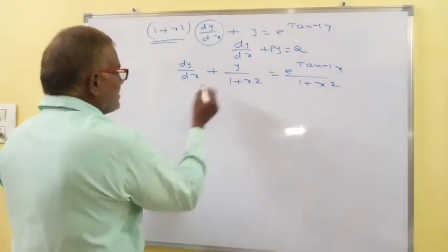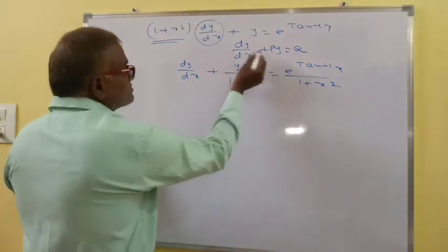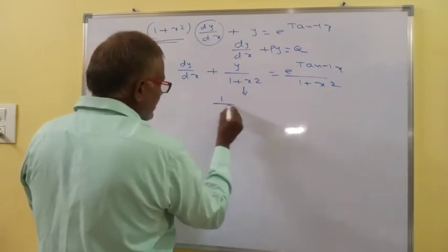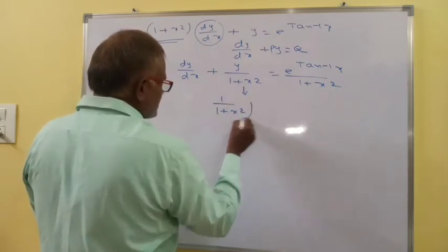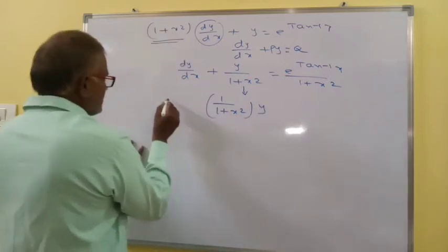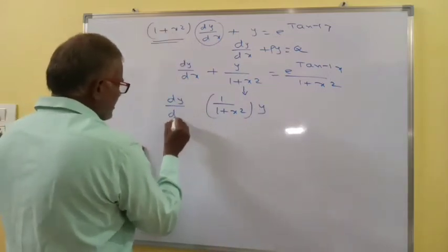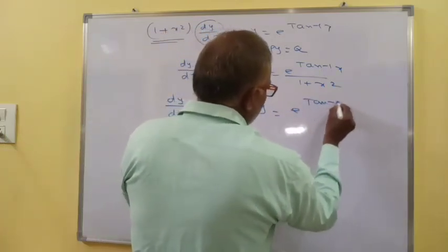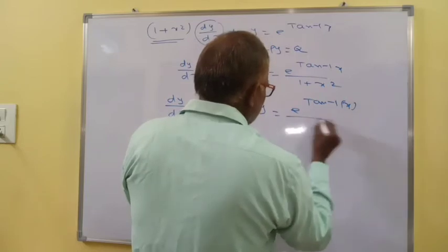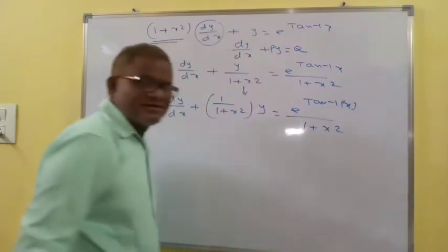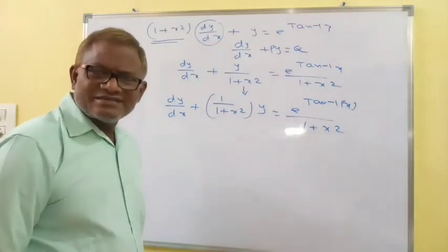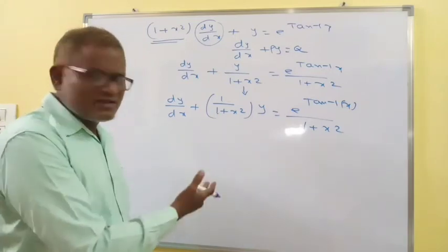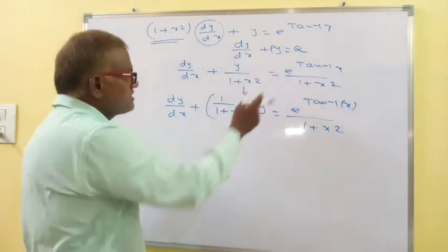So clearly again you should write like this: py, so p into y, you can write 1 by 1 plus x square into y. So like this you have to express finally, equal to e power tan inverse x by 1 plus x square. So clearly this is linear in y because the given one is nothing but dy by dx plus py is equal to q.